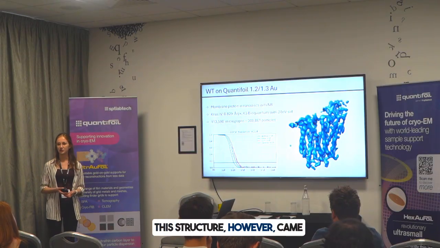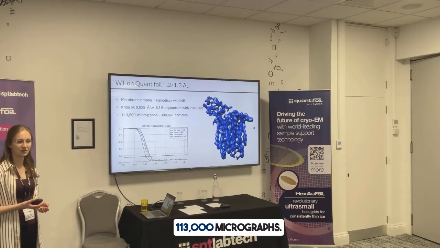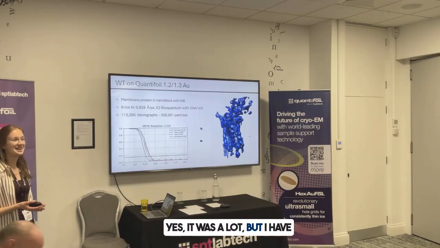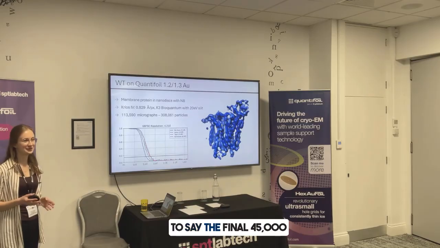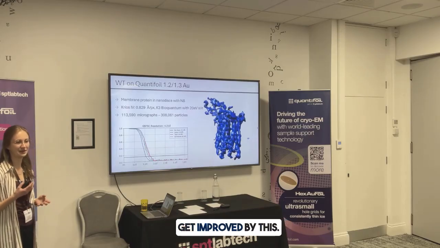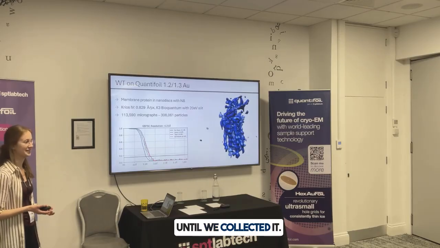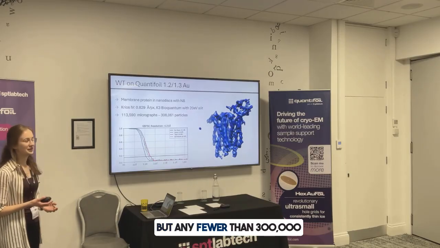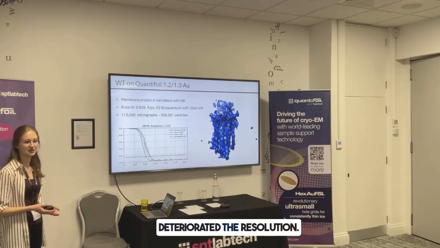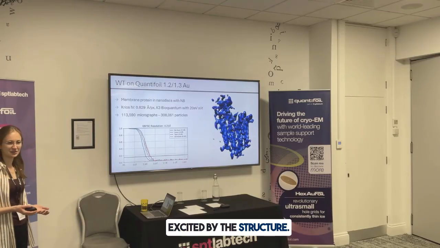This structure, however, came at the cost of collecting over 113,000 micrographs. Yes, it was a lot, but the final 45,000 were actually not needed, as the resolution did not improve, but we didn't know until we collected it. Any fewer than 300,000 particles in the final map deteriorated the resolution. But we were still very excited by the structure.